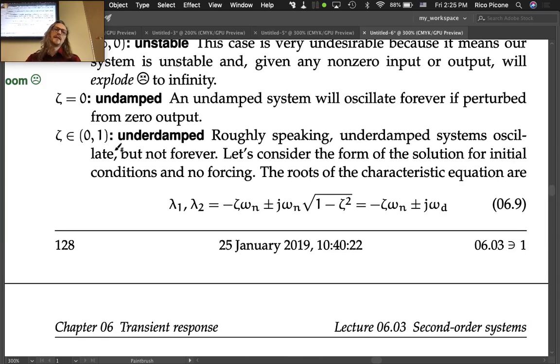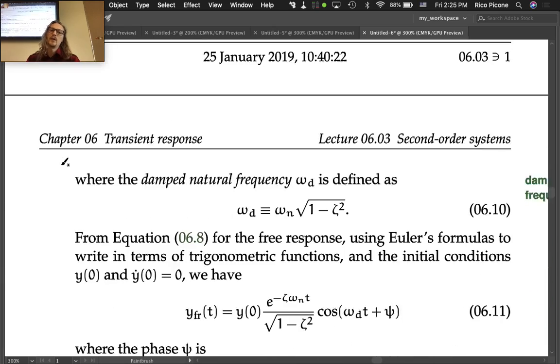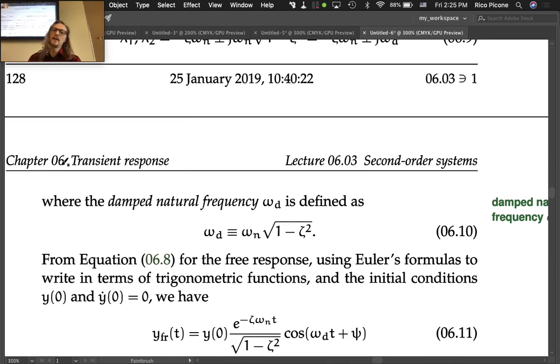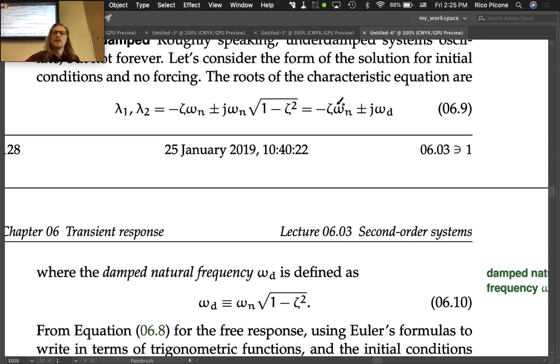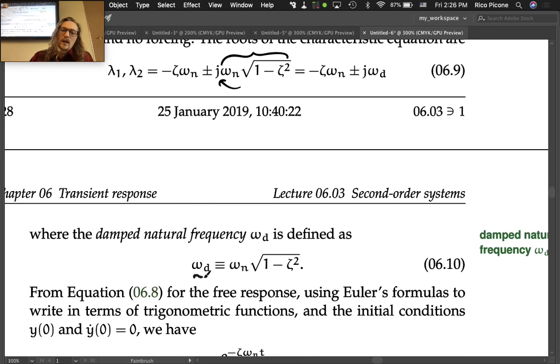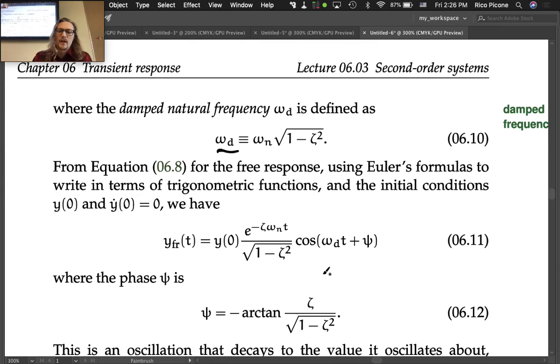Oftentimes this is where we want our systems to be, underdamped. For the underdamped situation, I actually worked out what the roots look like. When you know that zeta is between 0 and 1, you can factor out a -1. The square root of -1 is j, so we'll just move that out and put it right there explicitly. And then we'll define this leftover term here as the damped natural frequency, omega d. So that's equation 6.10.